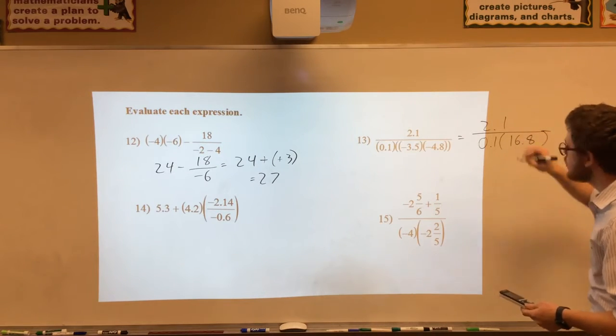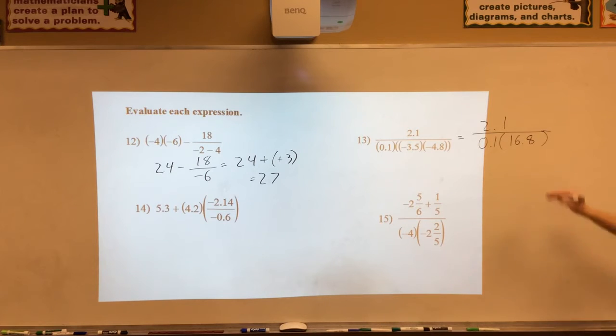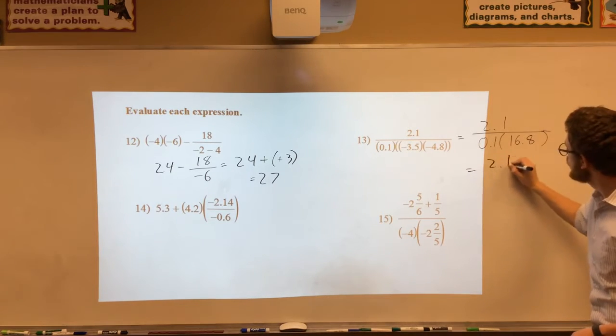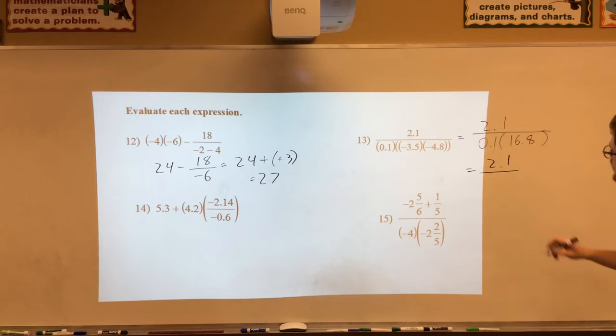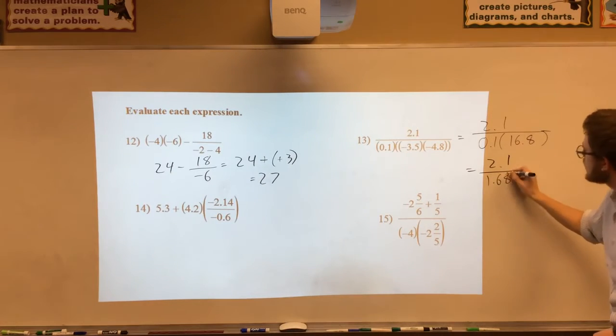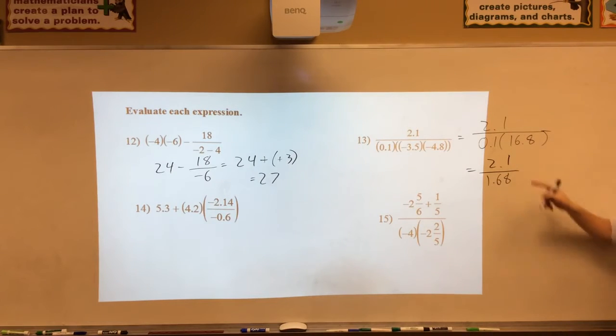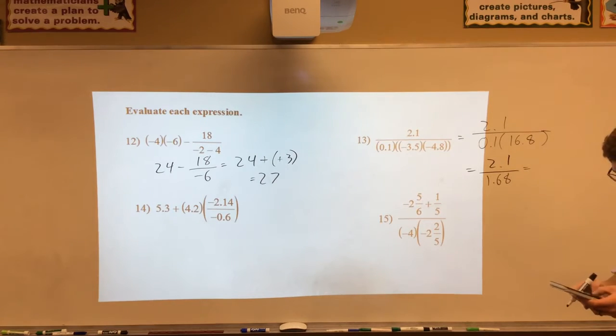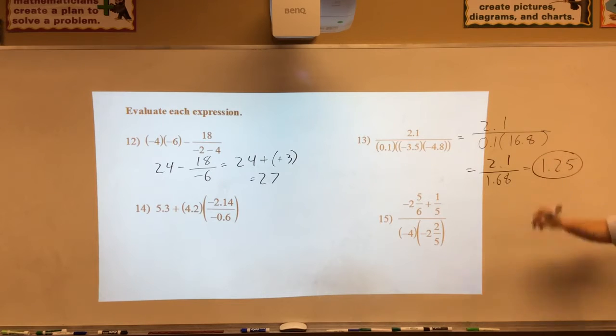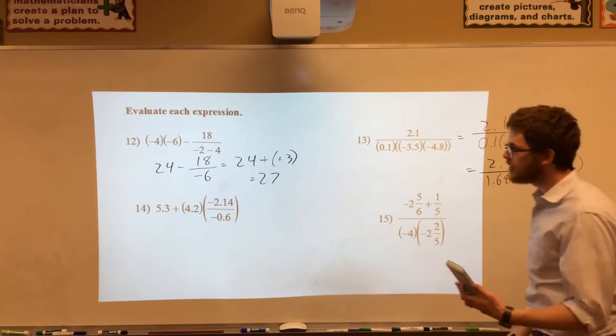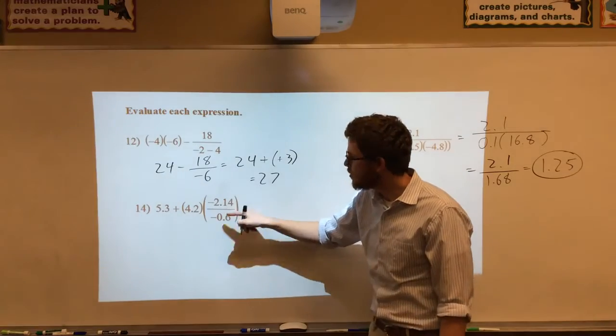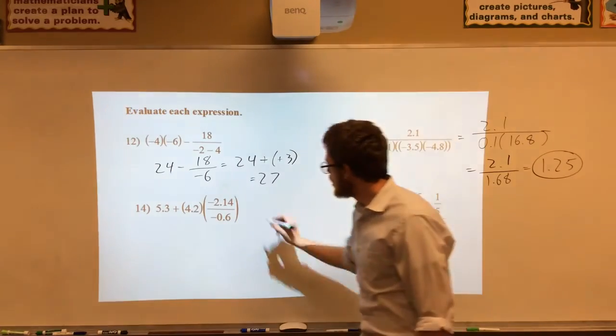We get 16.8. So I have 2.1 divided by 1.68. When I divide 2.1 by 1.68, I get 1.25.